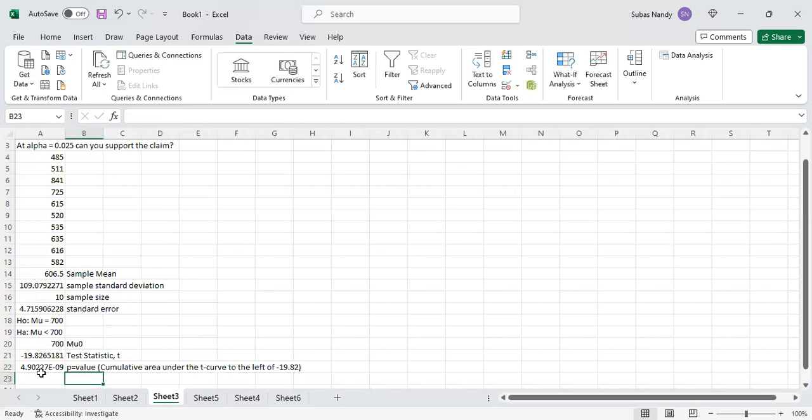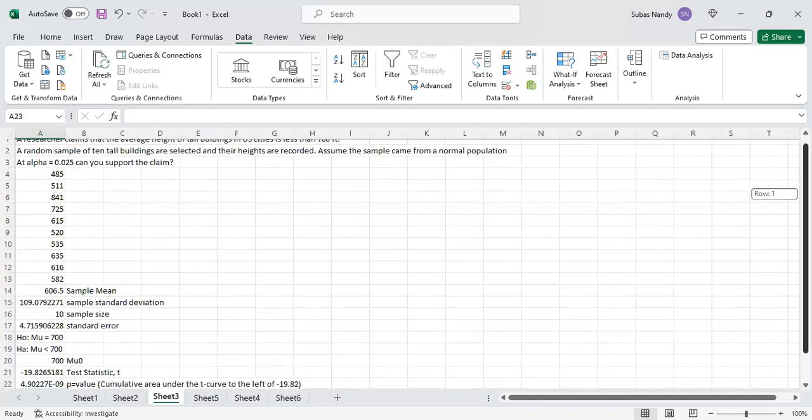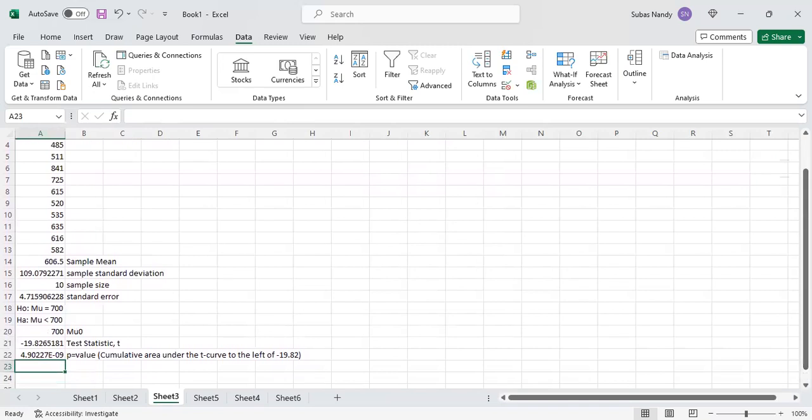Okay, so our p value is such a small quantity, 4.9 times e minus 9, and our alpha value, so this is the alpha value, 0.05. What is alpha?